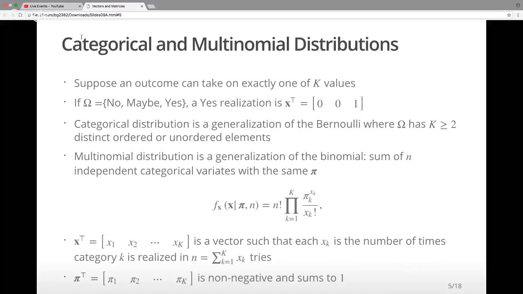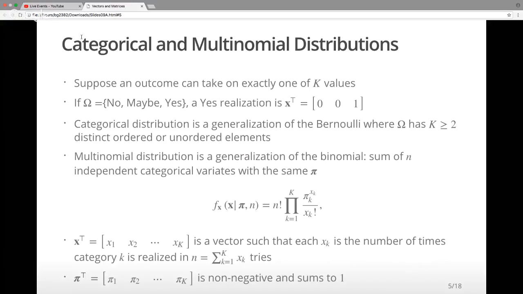Binomial, we learned before, can be characterized as the sum of n independent Bernoulli random variables, each with the same scalar probability. So a multinomial distribution is the sum of n categorical distributions, independent of each other, each with the same probability vector pi. So pi is the parameter to the categorical or the multinomial distribution.